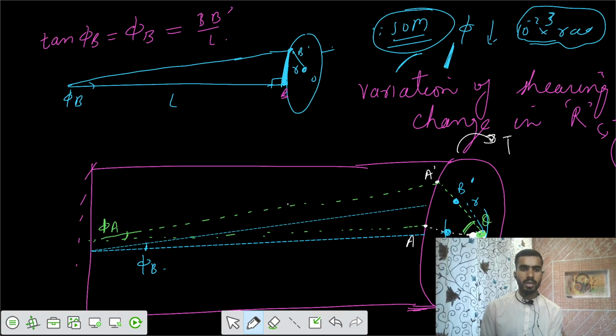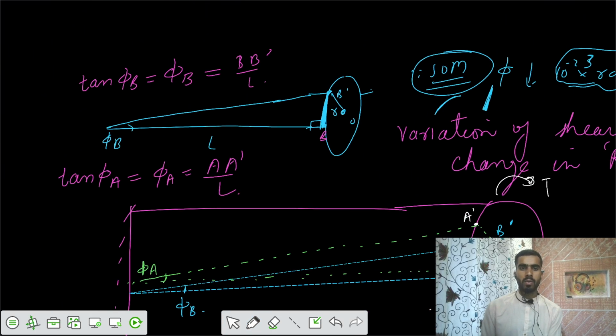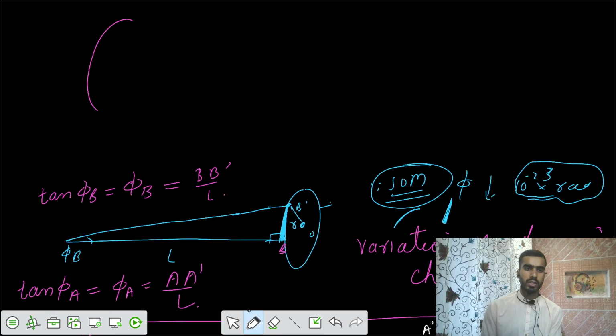Similarly for the triangle with phi A, I would write tan phi A equals phi A, that is AA dash by L. I got these values. Now if you take the cross section, A was here and it reached some A dash, making an angle of theta, and this was radius r.